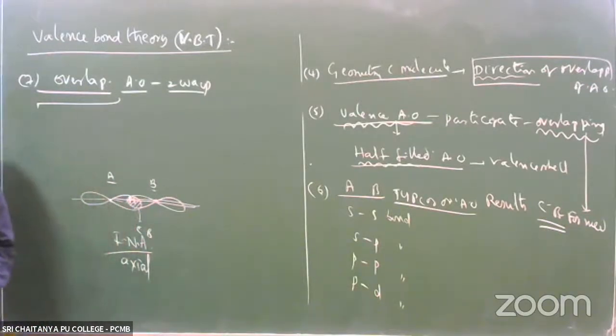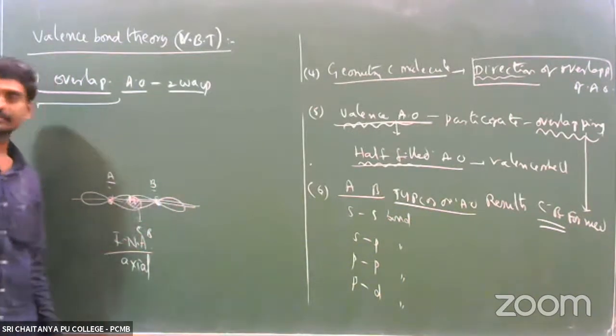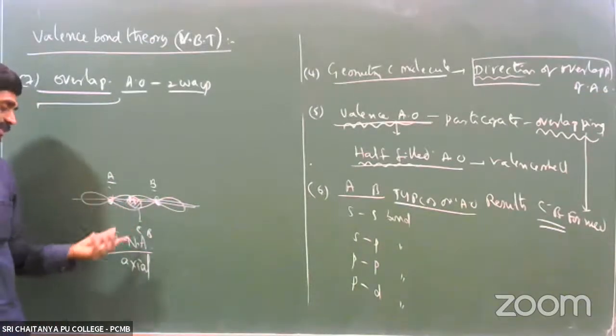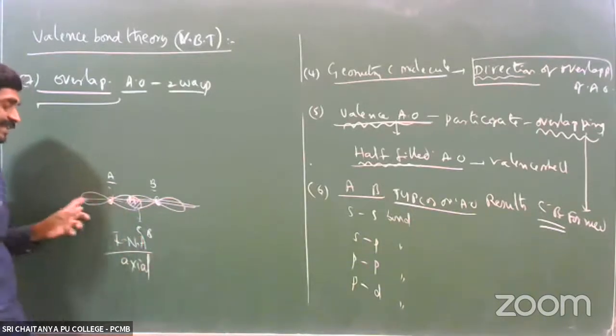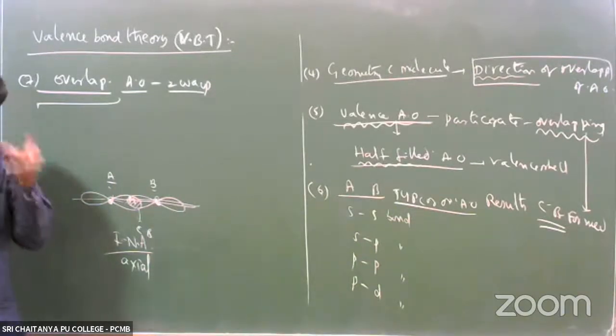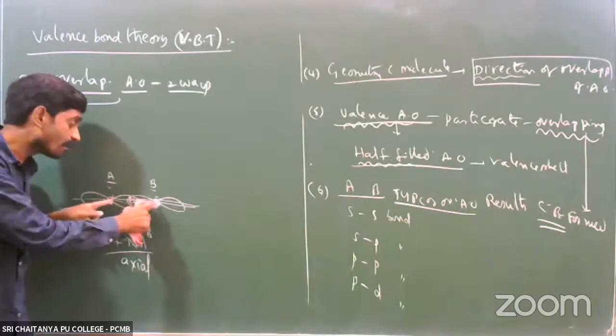What is the internuclear axis? It is the line between the nucleus of atom A and the nucleus of atom B. Inter means in between the nuclei. It is an imaginary line, not actually existing there, just for understanding, which passes through the nucleus of both atoms.